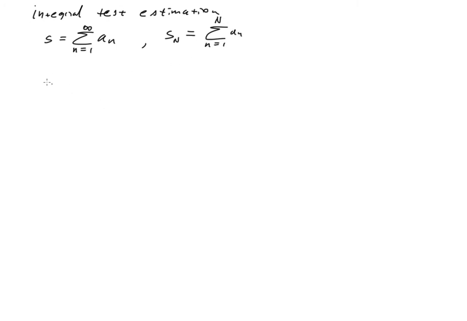Okay, and the first hypothesis we have, of course, is that a n is positive, and that the limit as n goes to infinity of a n goes to 0, and that we have f of n equal to a of n. So f of x is some function we can integrate.